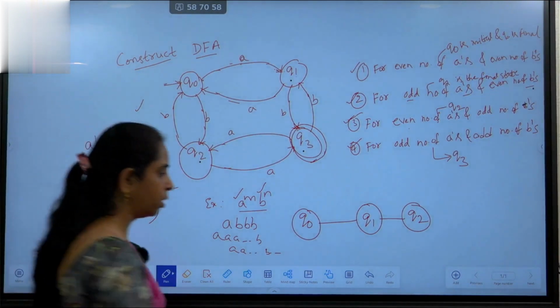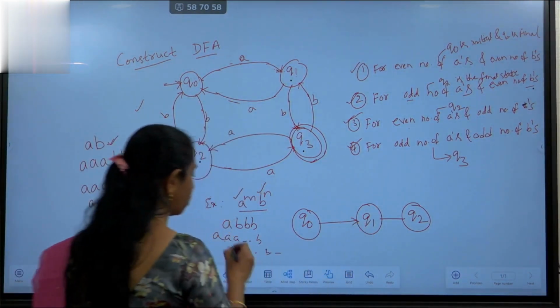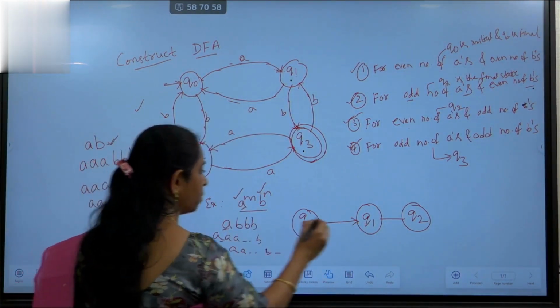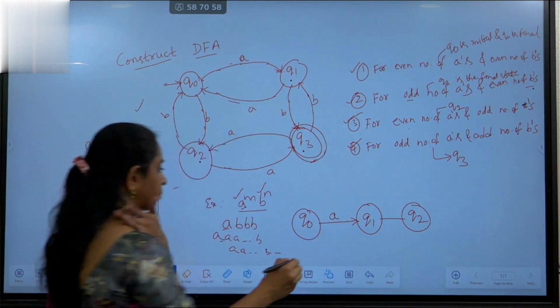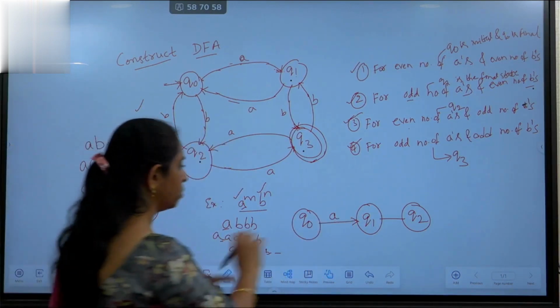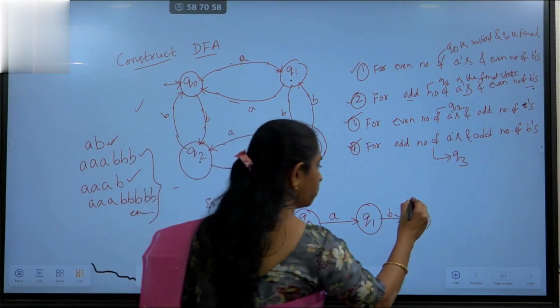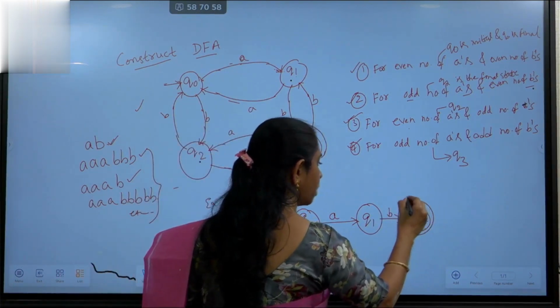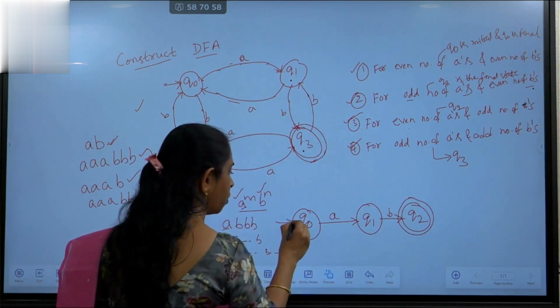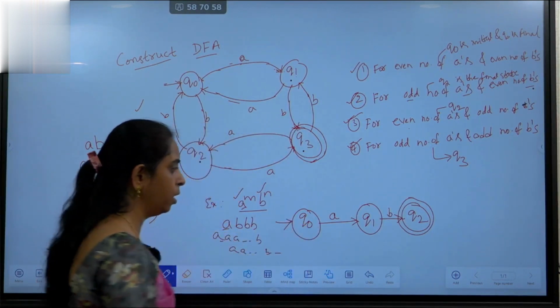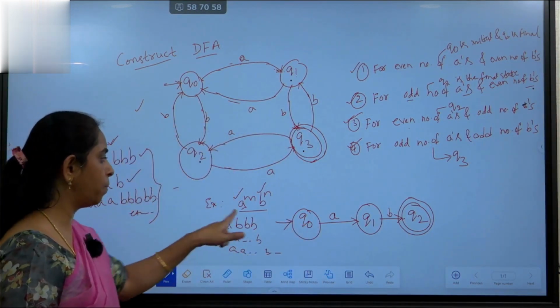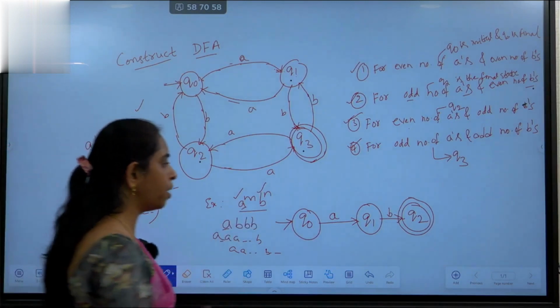Let me check. First we have to transmit A, right? Because A power M, B power N, A, and next we have to transmit B's. So at B we have to end, that is the final state. We have to indicate the initial state: Q0 is the initial state. A power M means any number of A's.